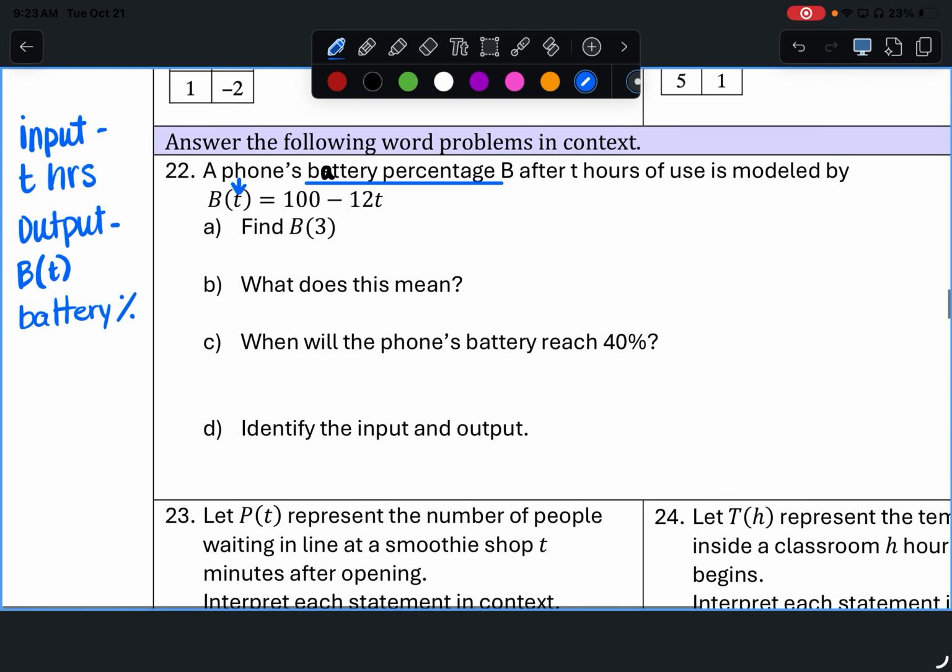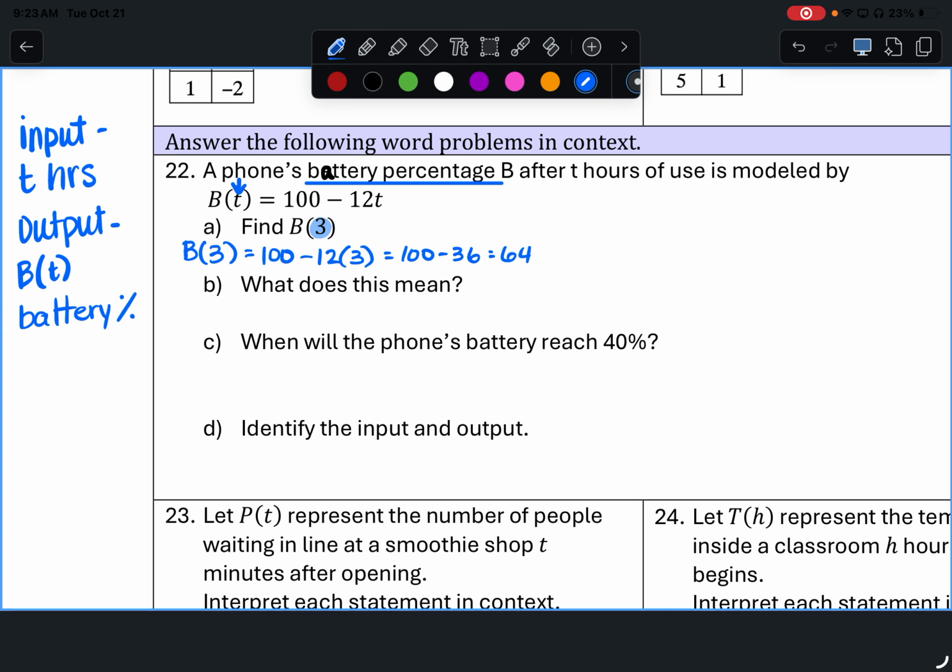Okay, that tells us that part. We will use that for all of the context questions. So A, it says find B of 3. What does that tell me we need to do? Plug in 3. So we're going to do B of 3 is equal to 100 minus 12 times 3, which is the same as 100 minus 36, which is 64. And then it says, what does this mean?